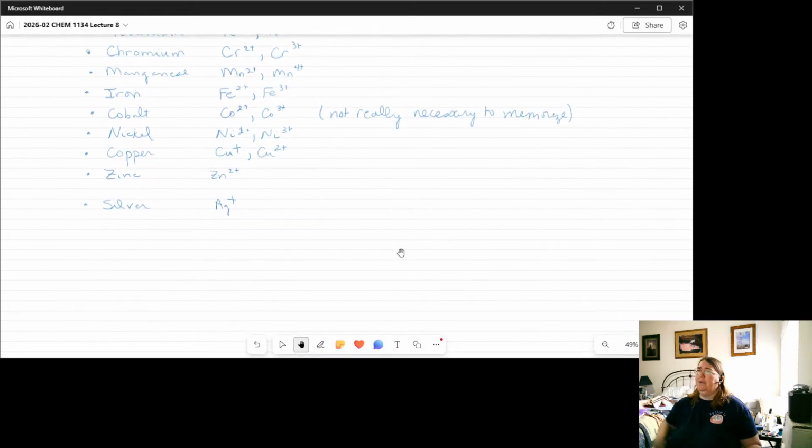These are lower on the periodic table. Gold, aureus for the sun. It forms a +1 and a +3, both common.